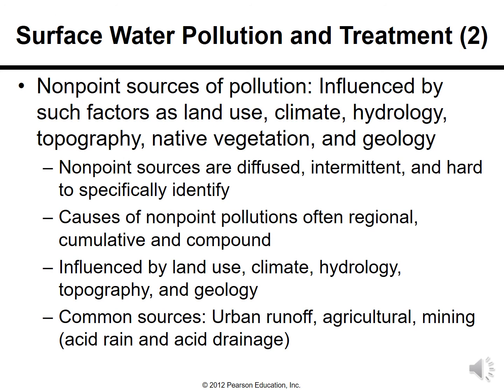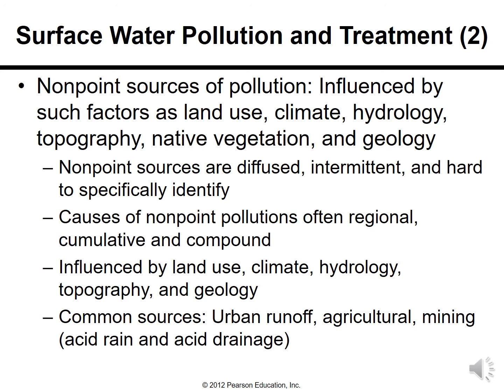Non-point sources of pollution. These are influenced by such factors as land use, climate, hydrology, topography, native vegetation, and geology. So non-point sources are diffuse, intermittent, and hard to specifically identify because you don't know the place where they're coming from.